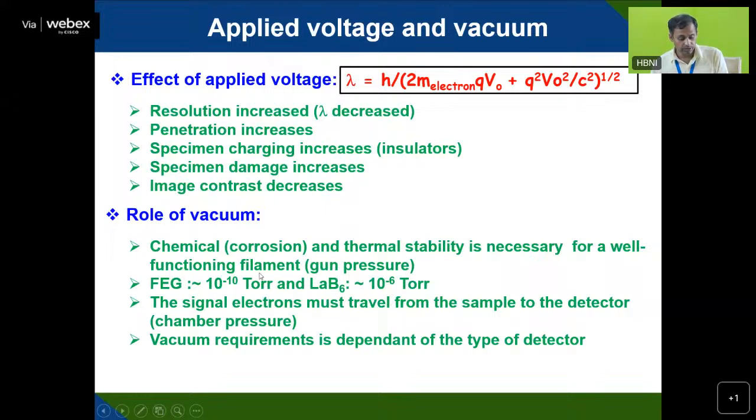The signal electrons must travel from the sample to the detector. Once the signal is produced, it has to travel to the detector to be measured, and the vacuum required depends on the type of detector you are using, whether backscatter or secondary electron.